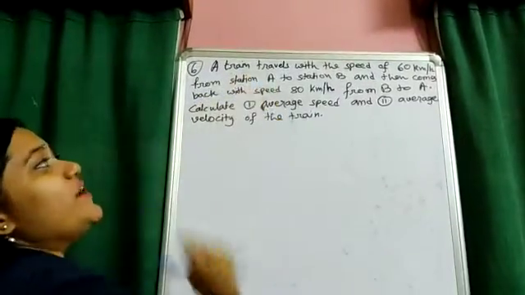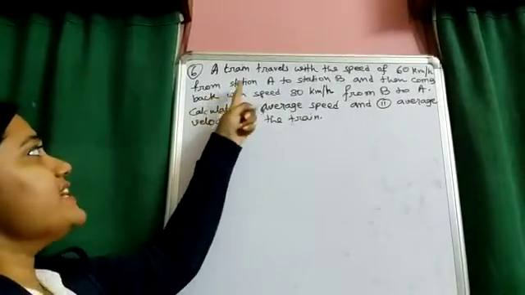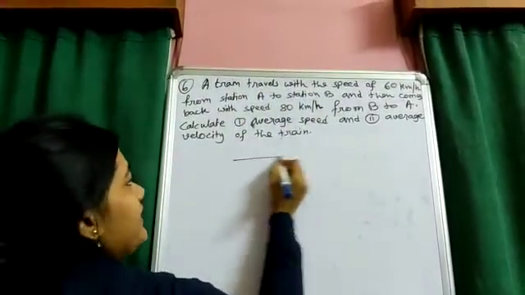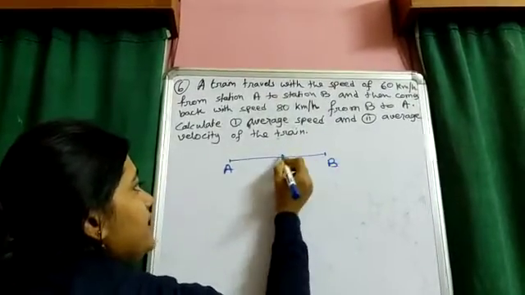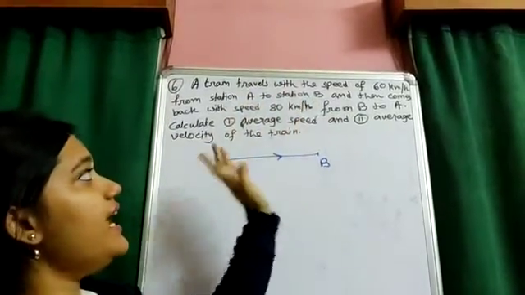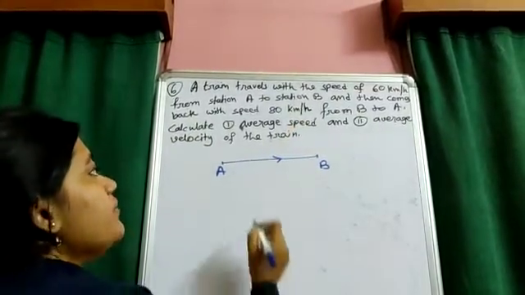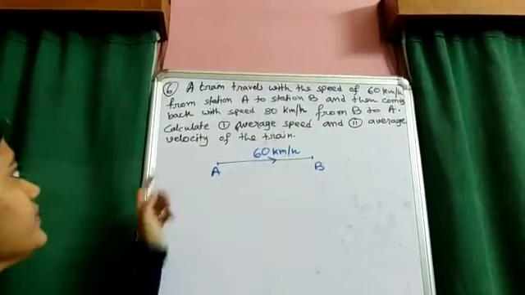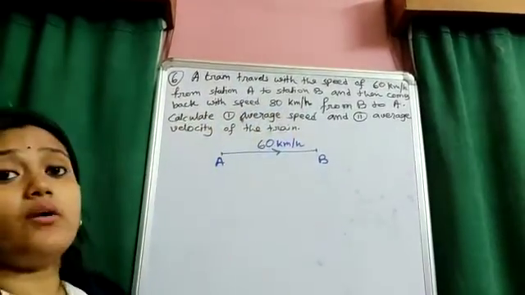A train travels with a speed of 60 km per hour from station A to station B. Let us draw station A to station B. They are talking about the speed, at a speed of 60 km per hour.